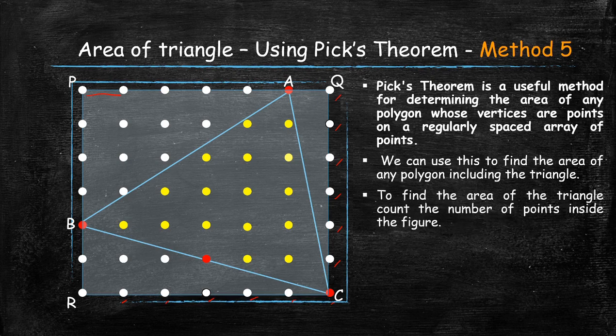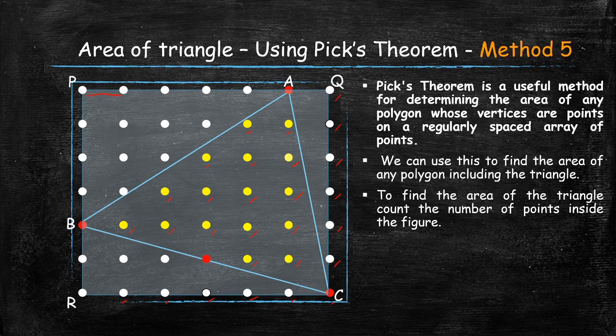To find the area of the triangle, count the number of points inside the figure. So we'll count 1, 2, 3, 4, 5, 6, 7, 8, 9, 10, 11, 12, 13, 14, 15 and 16.